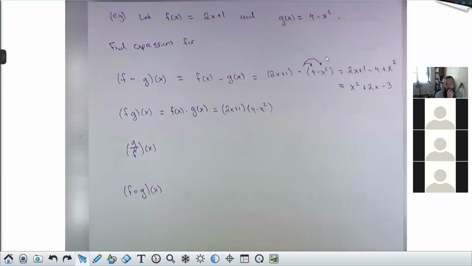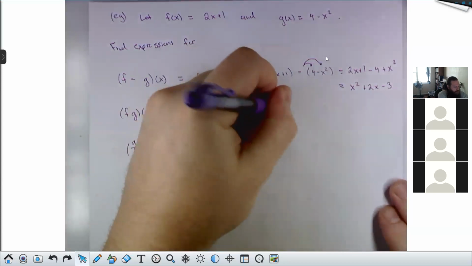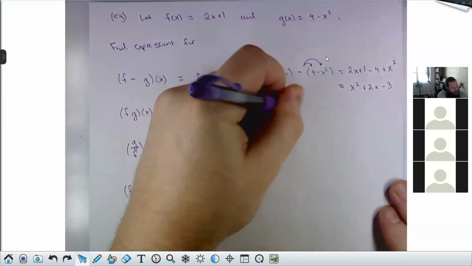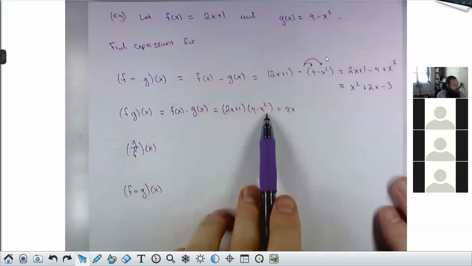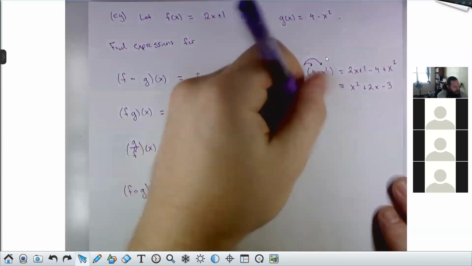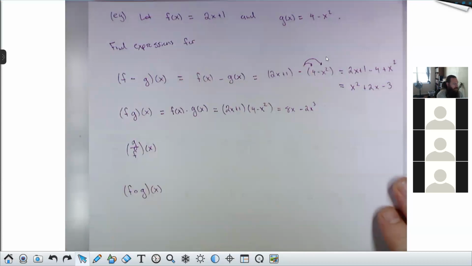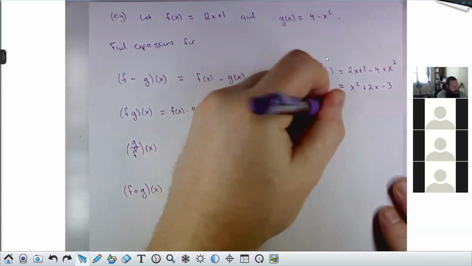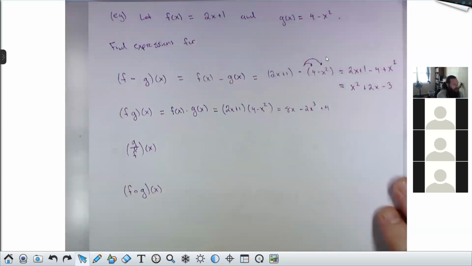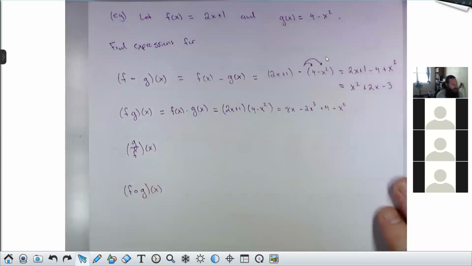And here we need to FOIL. So I'll have 2x times 4. That's 8x. And then my outers are 2x times negative x squared. That's minus 2x cubed. My inners are 1 times 4, so that's plus 4. And my lasts are 1 times negative x squared, so that's minus x squared.